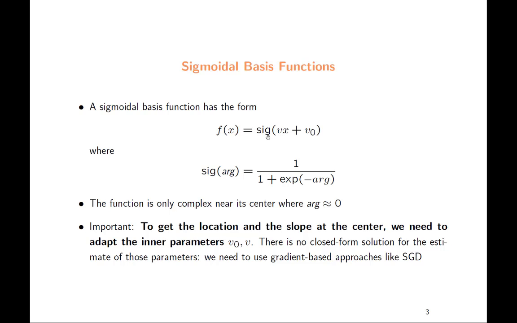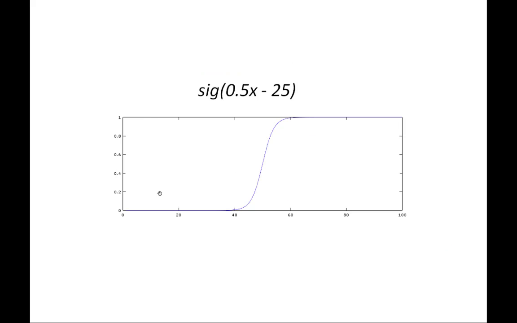And then we apply the sigmoid on top of this linear expression. And the sigmoid is mathematically defined in this form. It's 1 divided by 1 plus e to the minus argument. So the argument would be here vx plus v naught. And it has this form.